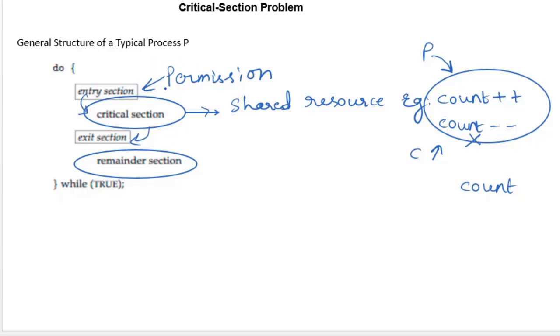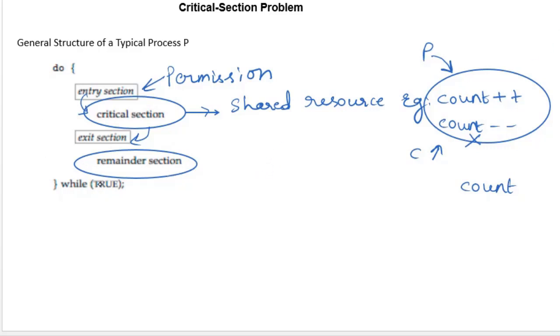And there is another piece of code that is responsible for asking permission to enter into the critical section. That piece of code we call as entry section, and what follows critical section is exit section, and whatever we write apart from these three sections in the program, all that will be called as remainder section.